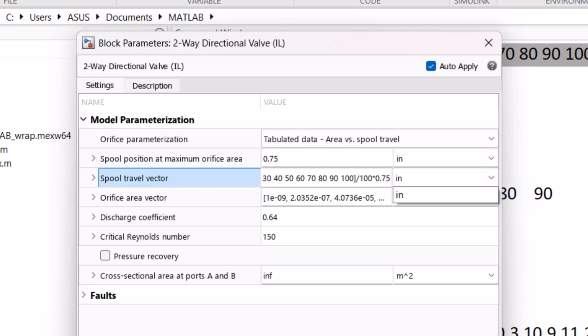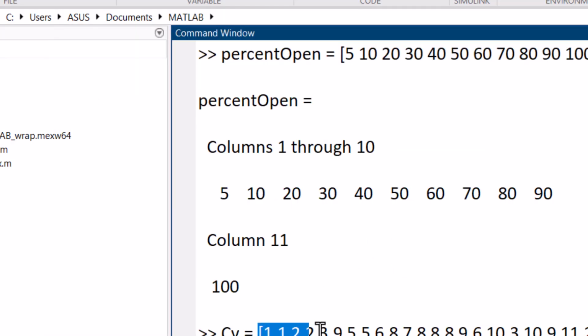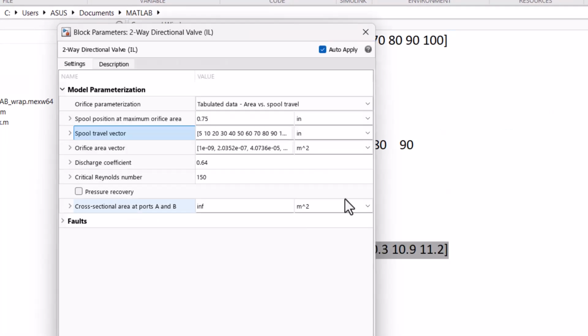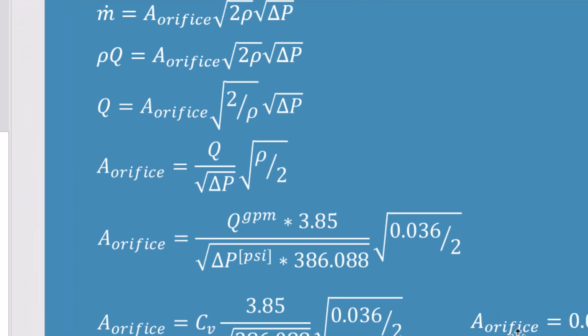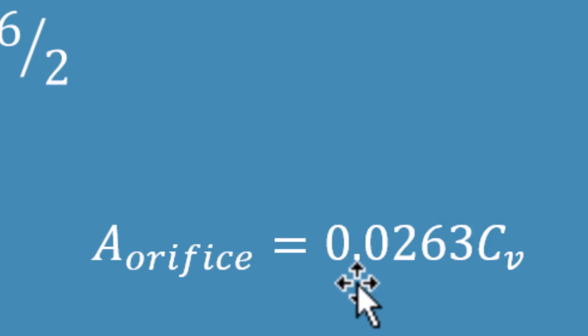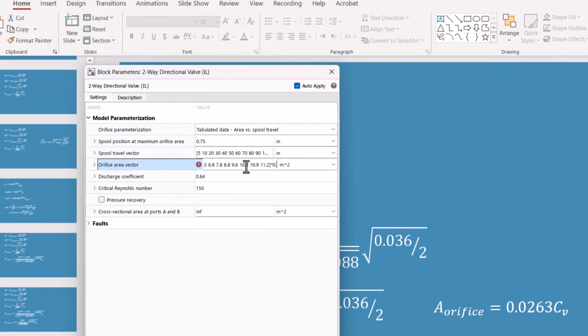I'll change the unit to inches, and for the orifice area vector, I will copy this value, paste it, and multiply it by this constant that I found, 0.0263. It is in inches squared.